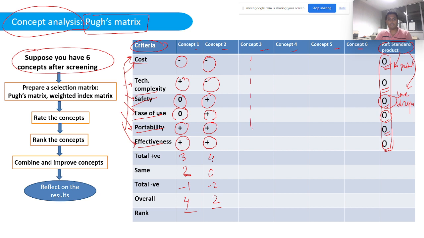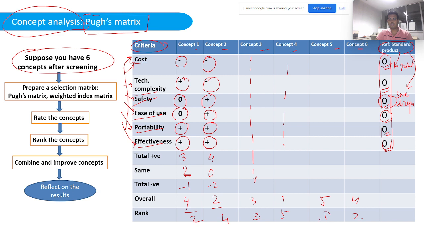Actually you have scores for all these various concepts, and once you have different scores, for example 3, 1, 5, 4, you try to rank them accordingly. Whichever has the highest score will be rank 1, the second score will be this one, third score this one, fourth, fifth.